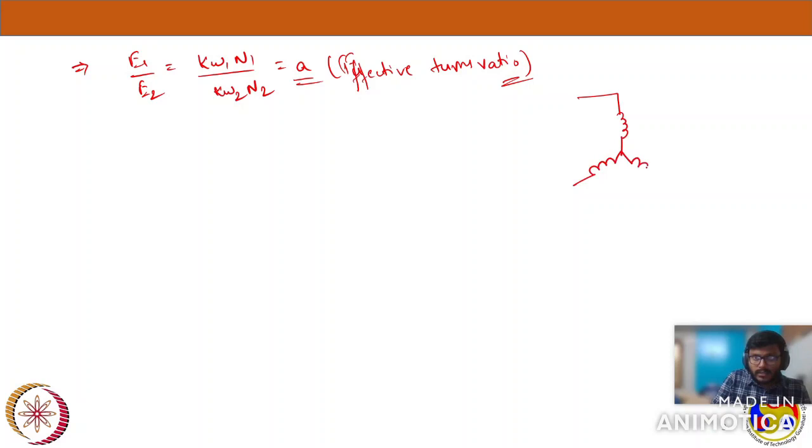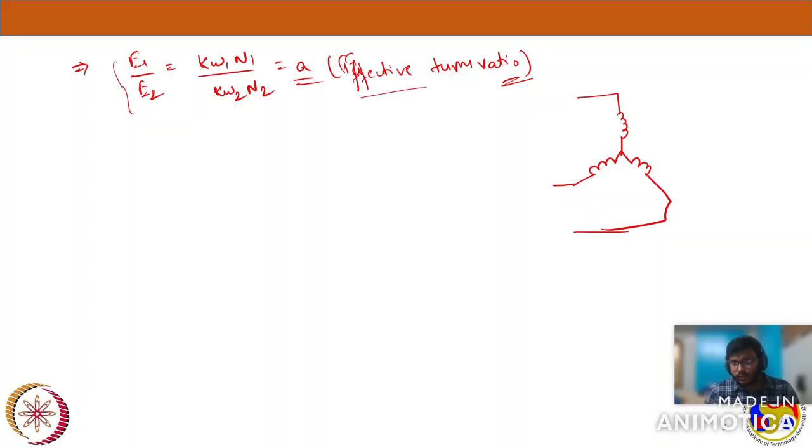Let's take a star connected stator, and I'm saying at S equals 1 means standstill condition. So what I want to discuss here is E1 by E2, we are having an effective turns ratio, and also the frequency.